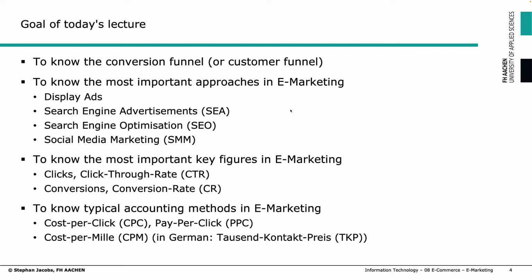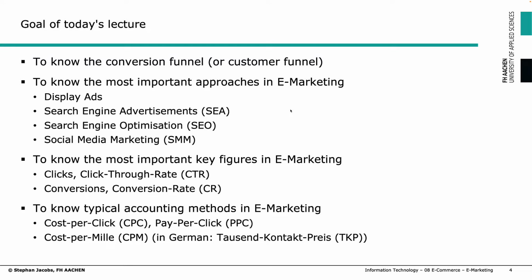When it comes to tracking, there are some important key figures. Namely, we have clicks and a click-through rate, we have conversions and a conversion rate, and on top we have different methods for paying in e-marketing.